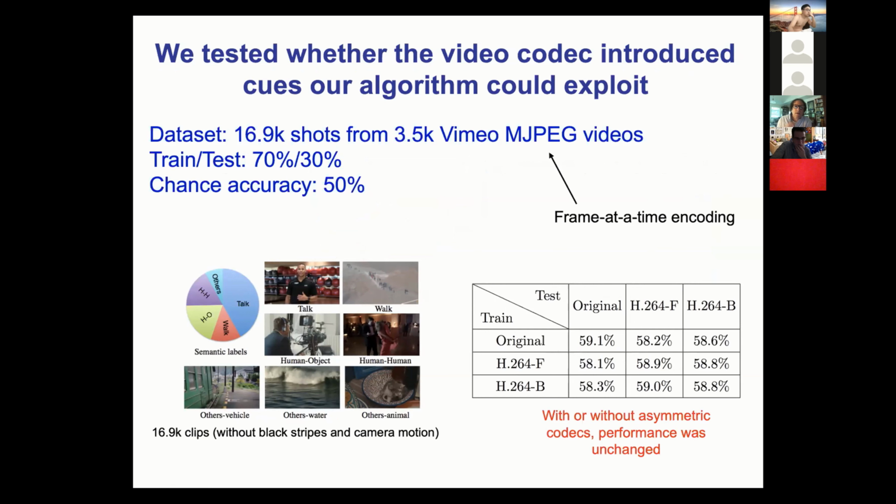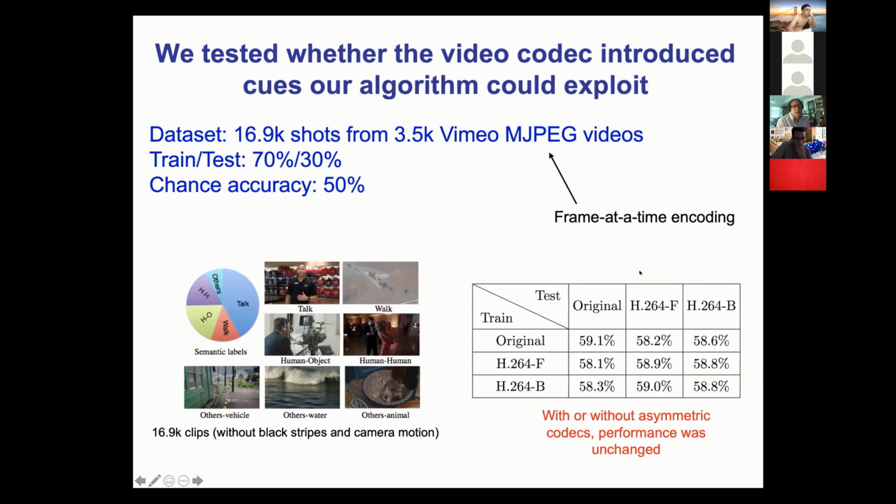We took a set of videos that we were sure had no compression in them. They were frame by frame encoded with so-called MJPEG. And then based on this data set, we ourselves encoded the videos with different flavors of H.264 encoding, and then trained and tested on all possible combinations of those in this bottom right corner here.